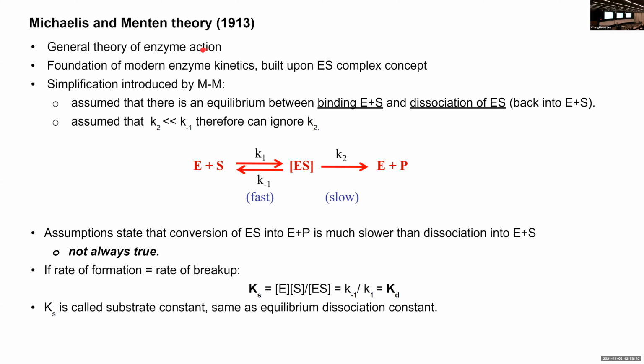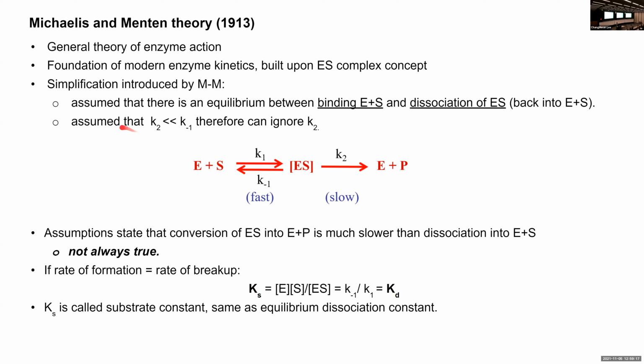And that served as a foundation of modern enzyme kinetics. They have two really important simplifications or assumptions here. First, they assume that there's an equilibrium between binding E plus S to become the ES, and also ES dissipating back to the E plus S. So equilibrium between these reactions.